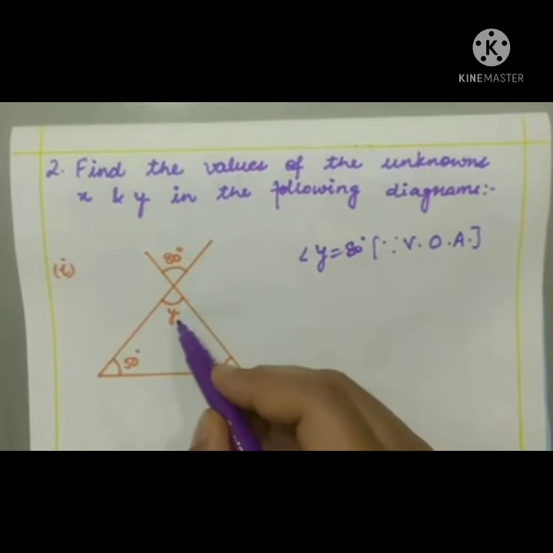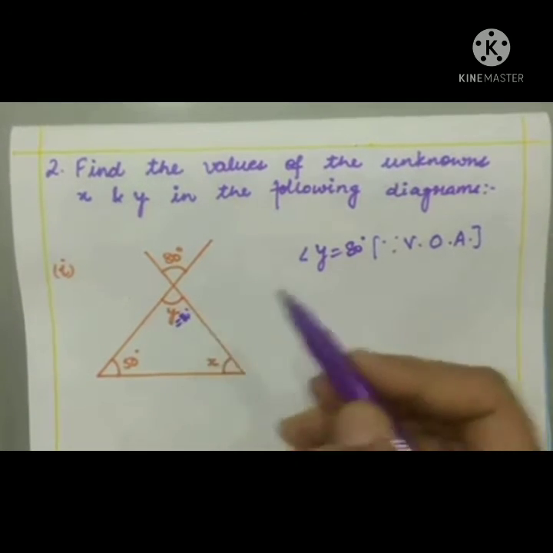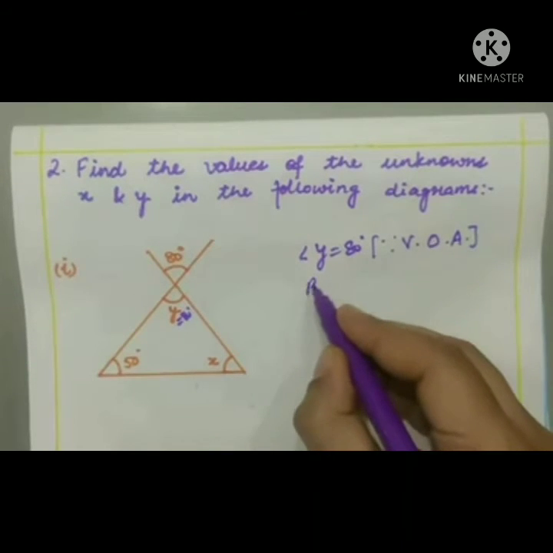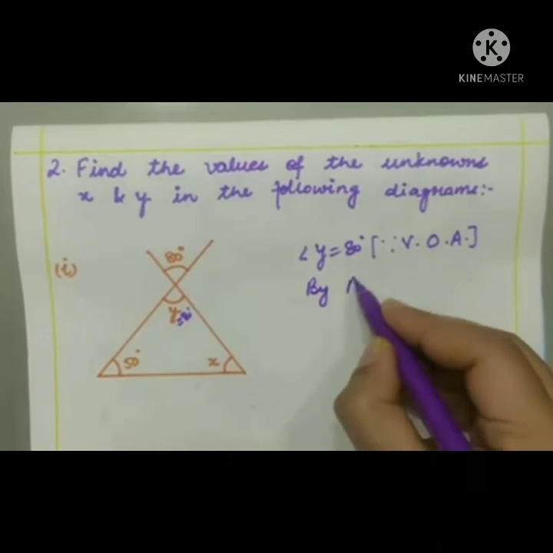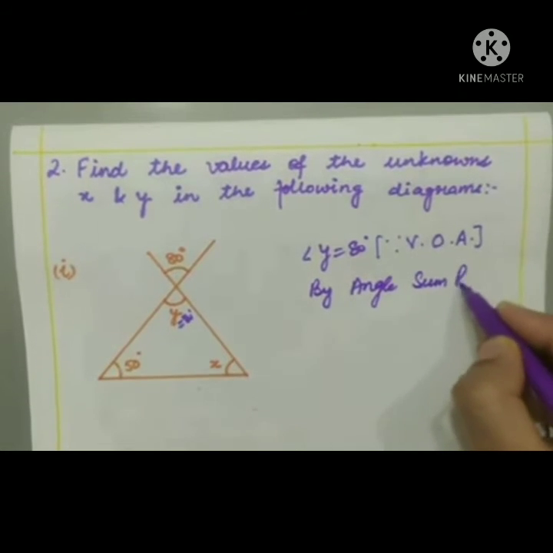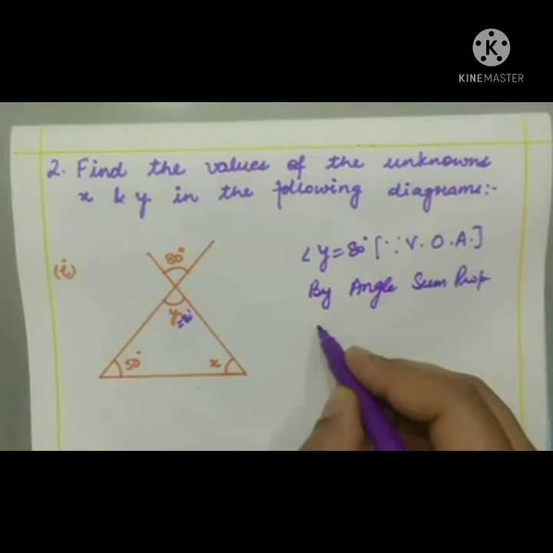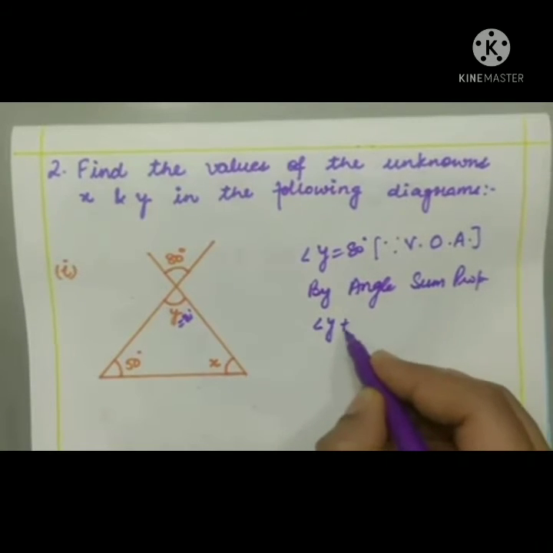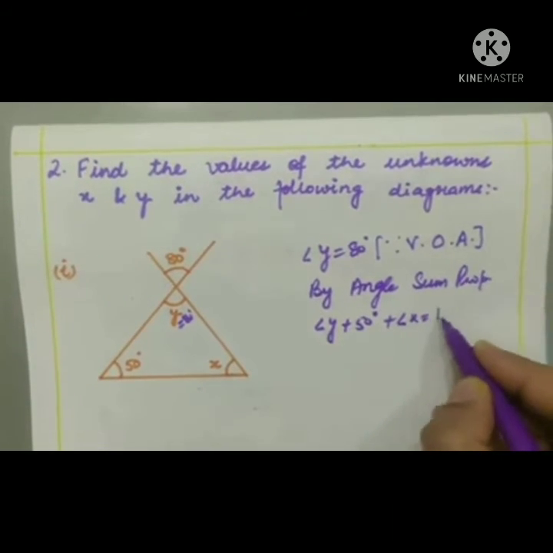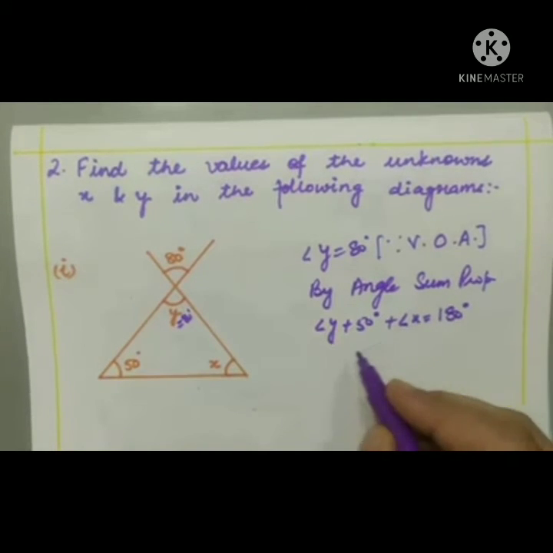So next, since we know that this is 80 degrees, we can apply the angle sum property to find the angle x. So here we will apply the angle sum property. Angle y plus 50 degrees plus angle x is equal to 180 degrees.